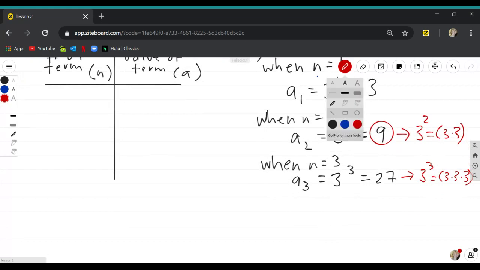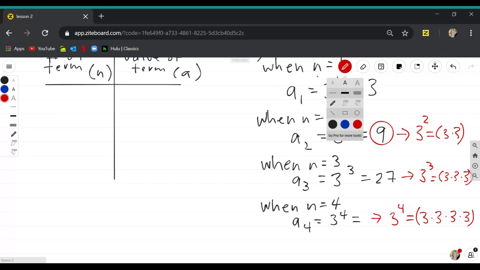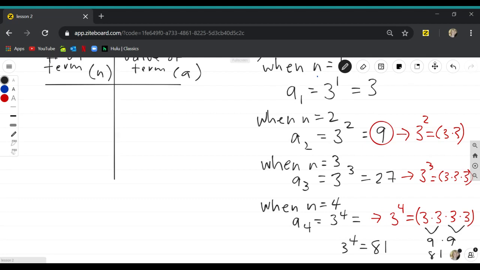So when n equals 4, a_4 is equal to 3^4, which is the same thing as saying 3 times 3 times 3 times 3. So it's 3, 4 times. What you guys can do is 3 times 3 is 9, 3 times 3 is 9, so 9 times 9 is 81. That means that 3^4 is equal to 81.